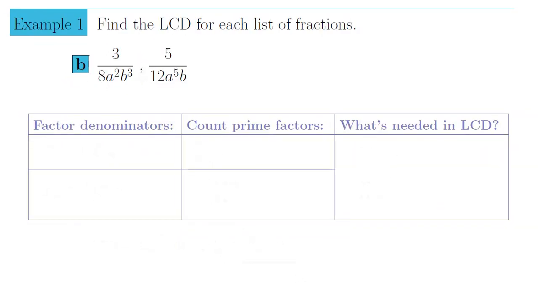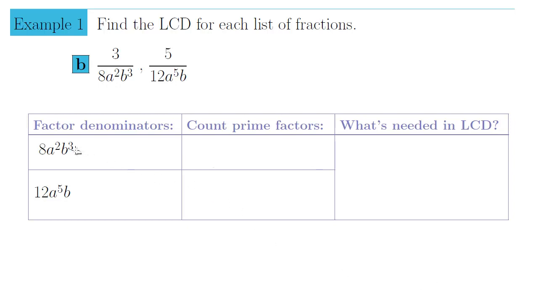Example 1b. Find the LCD for the following list of fractions. 3 over 8a squared b cubed and 5 over 12 a to the fifth b. We start by writing the prime factorization for each of our denominators. 8a squared b cubed and 12 a to the fifth b.